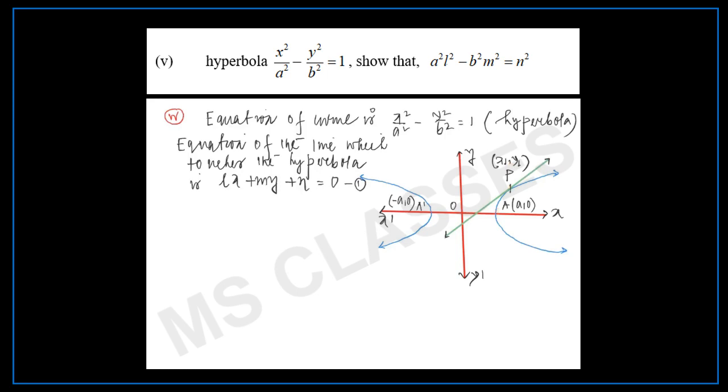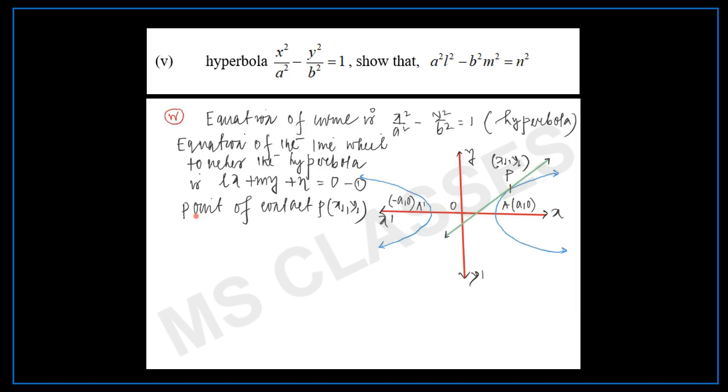So that is the point of contact. So here we have point of contact P x1 y1. Now slope of the tangent at this point we can find out. The slope of the tangent and slope of the curve at this point is same. Our intention is to find the equation of tangent.